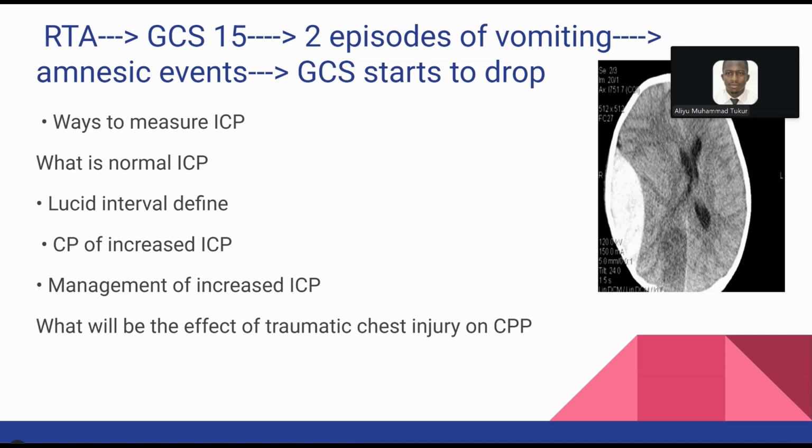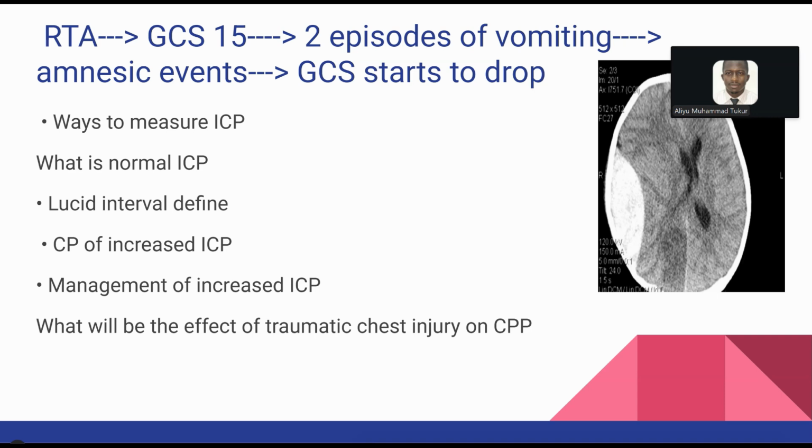sedatives. Another way to reduce the intracranial pressure is by reducing the brain edema itself, the cerebral edema. This can be achieved by giving diuretics like mannitol and furosemide.